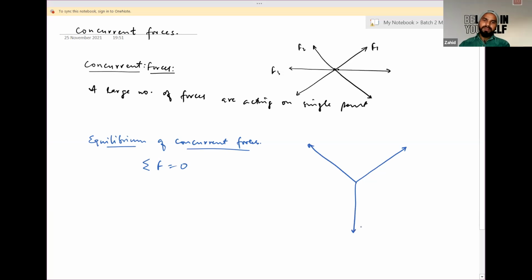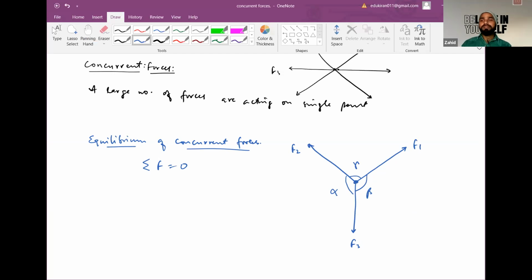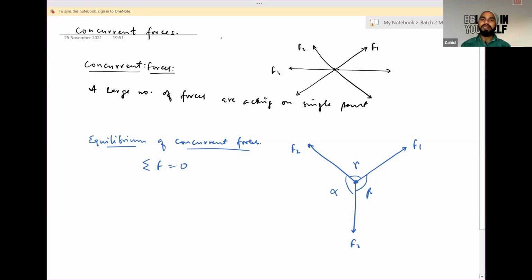Let's say you have 3 forces, F1, F2, F3, acting on this single point. Angles opposite to these forces are alpha, beta, and gamma. There is a relation between these 3 terms, which I have already defined in the vector part, Lami's theorem.